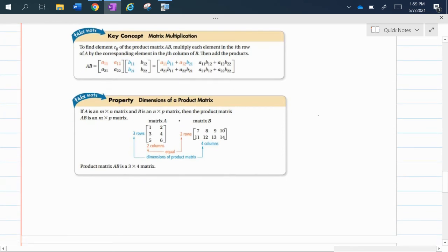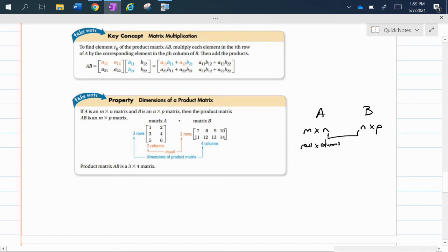If the dimensions of matrix A, let's say I have matrix A and matrix B, the dimensions of matrix A are m by n, and the dimensions of matrix B is n by p, then the matrix multiplication is possible because the number of columns in the first is equal to the number of rows in the second.